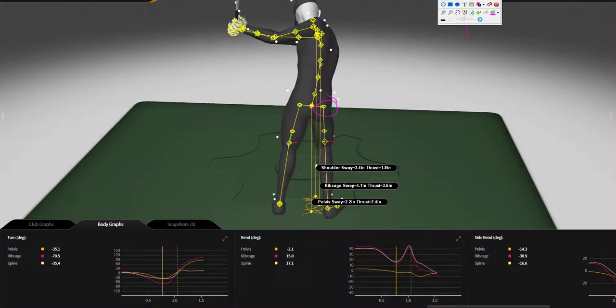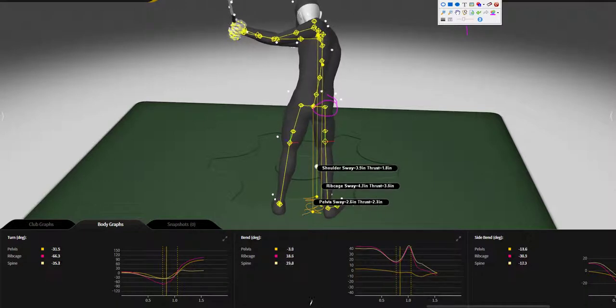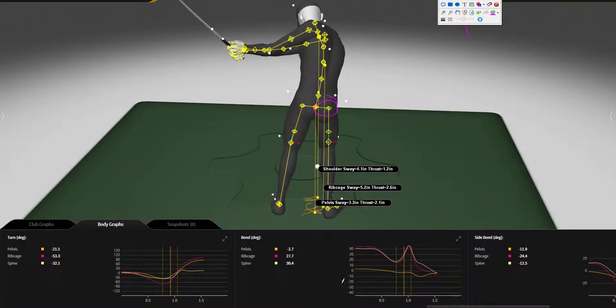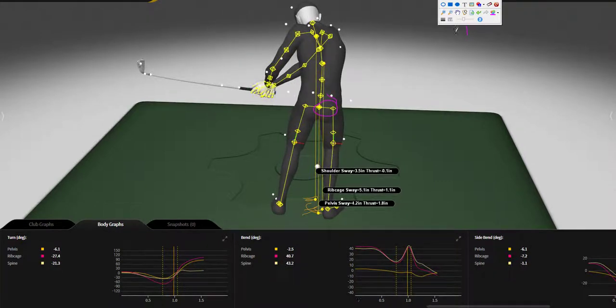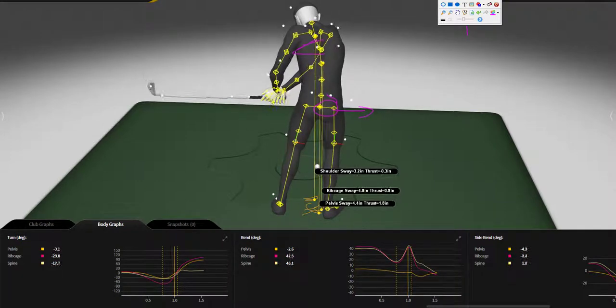Now watch what happens. His upper body moves first, and then he's got to try and slide his hips. When they slide forward, rather than rotating, his upper body moves back. So he's got no rotation. It's a lateral movement rather than a rotational movement.